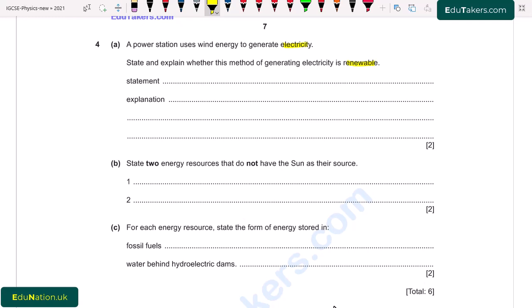So here wind energy is used as a source, and wind can be used again and again, and it cannot run out. So I write here it's a renewable source. And in explanation, I write that wind does not run out. That's why it's a renewable source of energy.